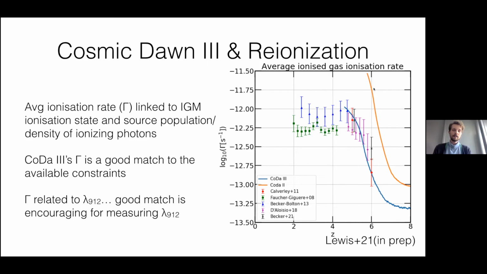We had too many ionizations, so too high average ionization rate, and correspondingly a neutral fraction that was too low. In CODA 3, you see the situation is much better and goes quite nicely through this combination of constraints here on the right. As a matter of fact, the average ionization rate can be linked through some assumptions and modeling to the mean free path, which we're going to get back to straight away.